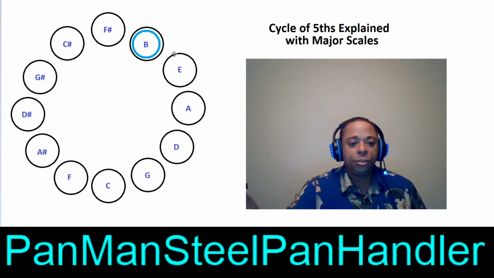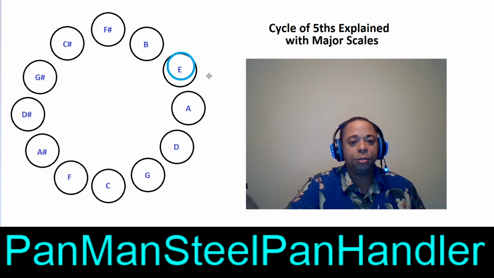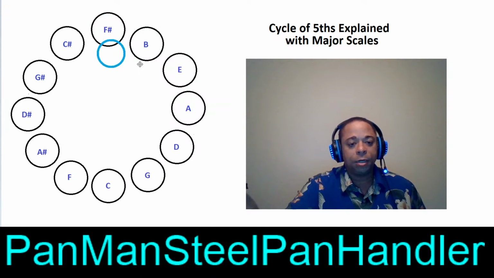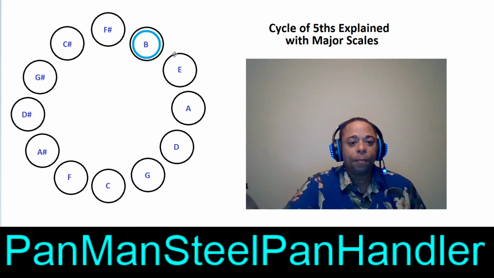So, using the major scale anywhere that you go, you skip until 3, do a half step, and the 4th note on the drum is always going to be the note clockwise to the note you start on. The 5th note is always going to be the note counterclockwise to the note you start on. So let's just use this in theory.